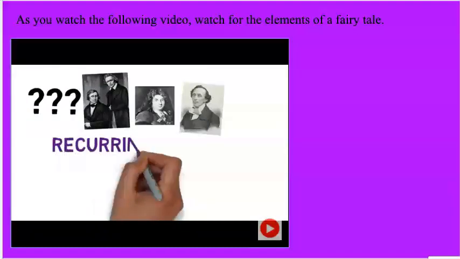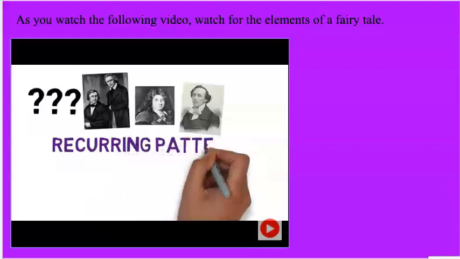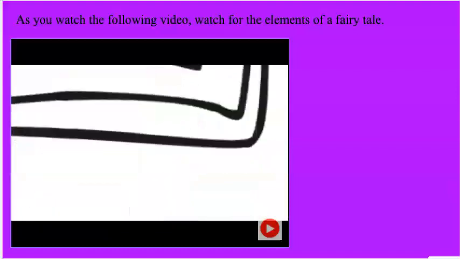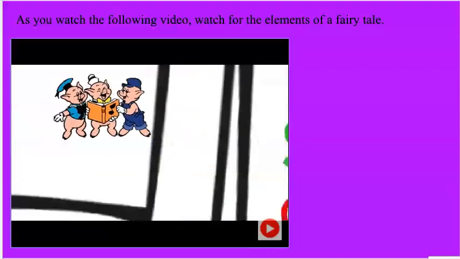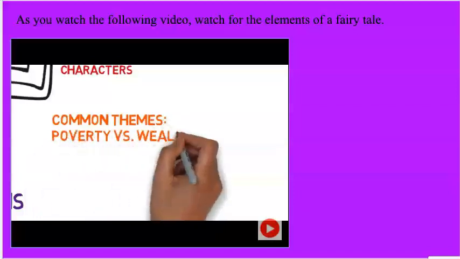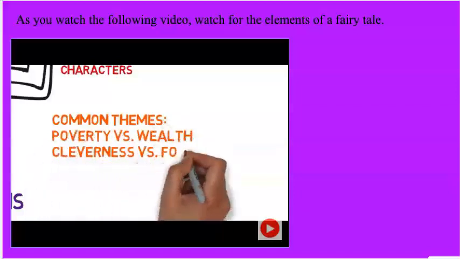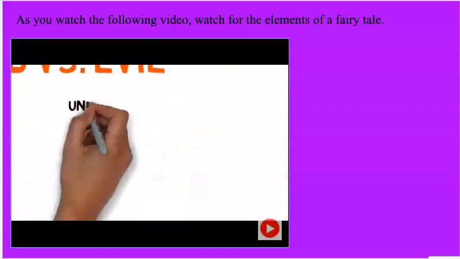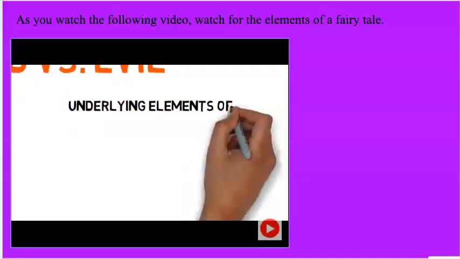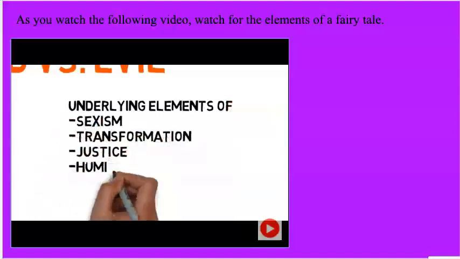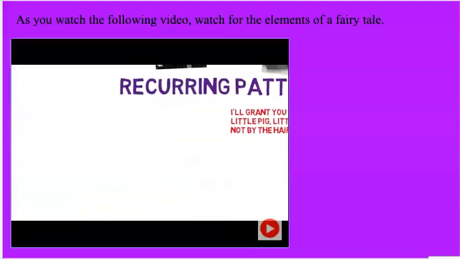Another feature of the fairy tale is the recurring pattern. These patterns usually come in sets of 3s or 7s. There are also overarching themes: poverty versus wealth, cleverness versus foolishness, and good versus evil. There are also underlying elements such as sexism, transformation, justice, humility, and wit.